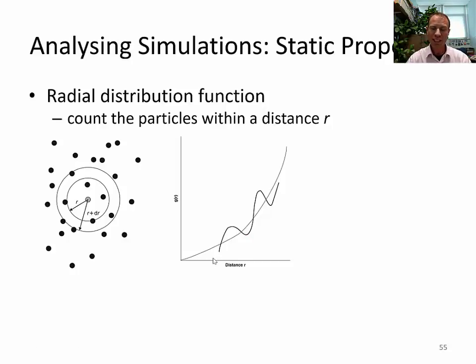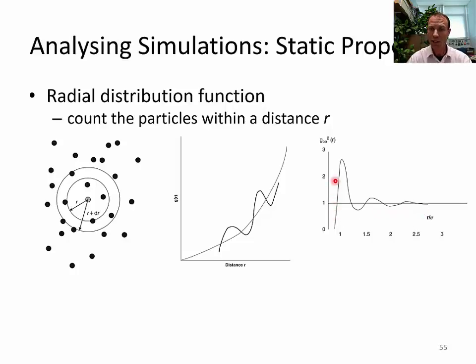This way of presenting it isn't actually very useful, so what we normally do is we divide this function by the volume of a sphere of radius r, and that gives us a much easier thing to work with. So now we have distance across here, and this is our pair distribution function. So this is, for example, looking at the distribution of distances between two oxygen atoms in water, as we increase the distance.